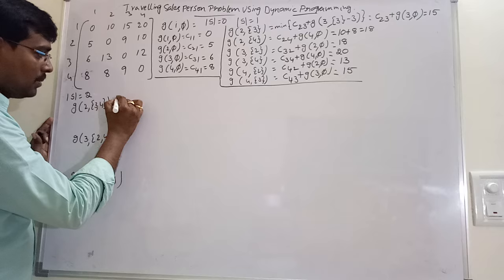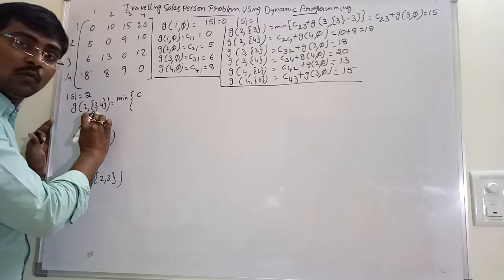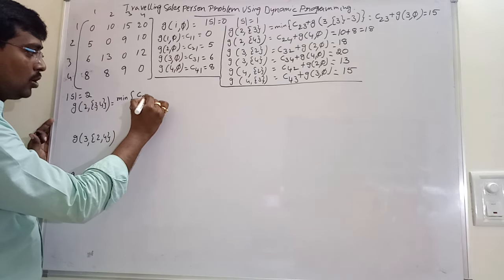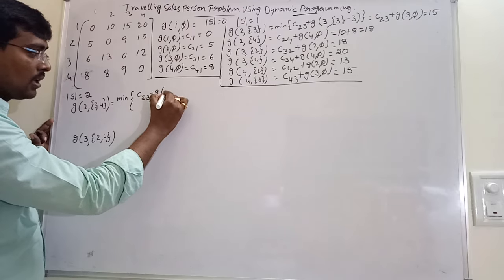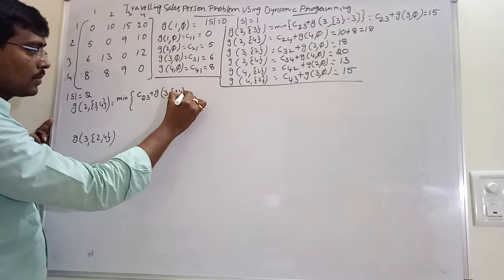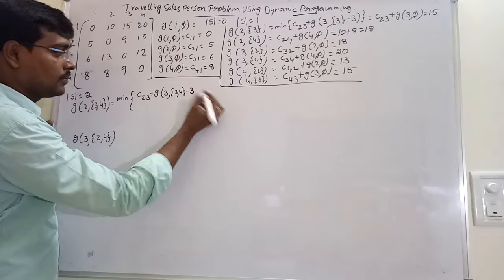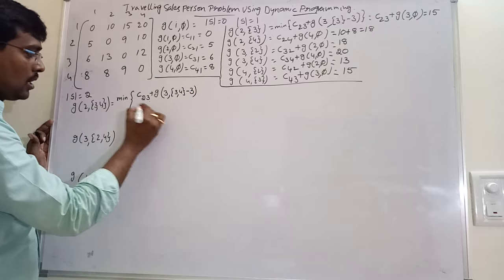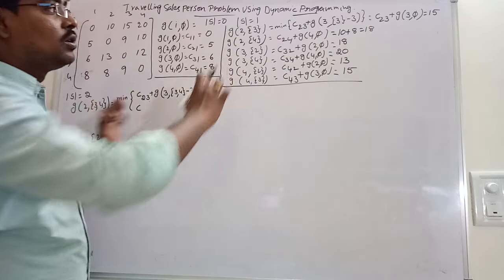So minimum of C23 plus G of 3 comma set value is {3, 4} minus the considering value 3. Suppose we are considering 4, in this case the set contains only one element.